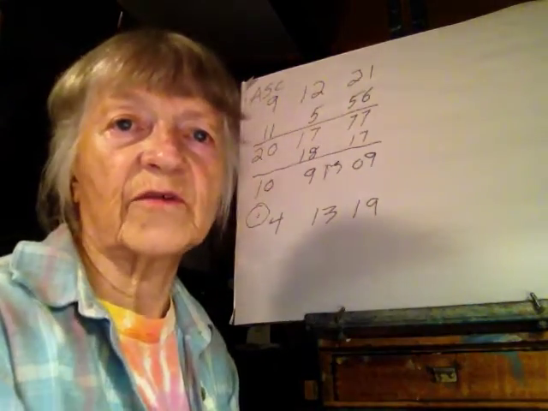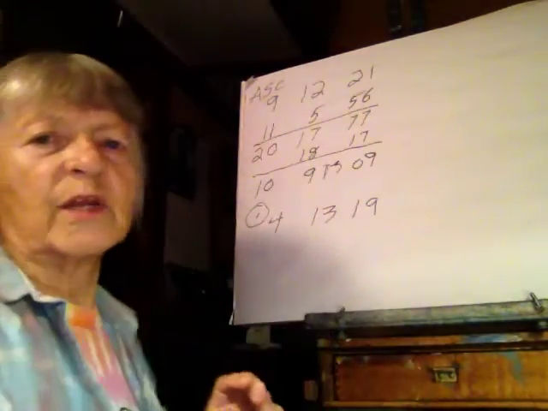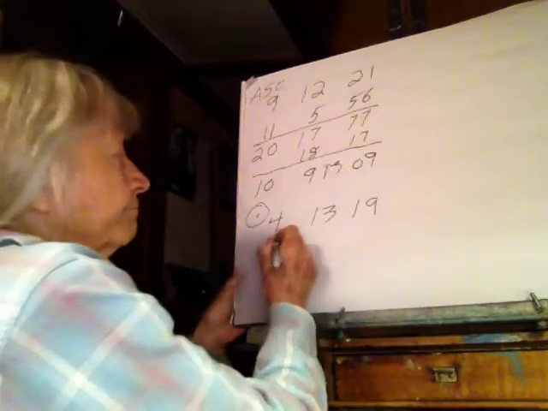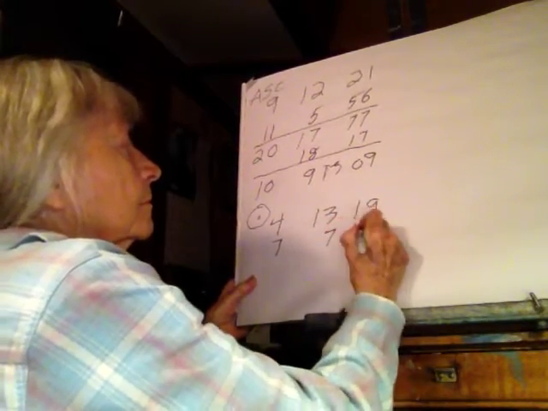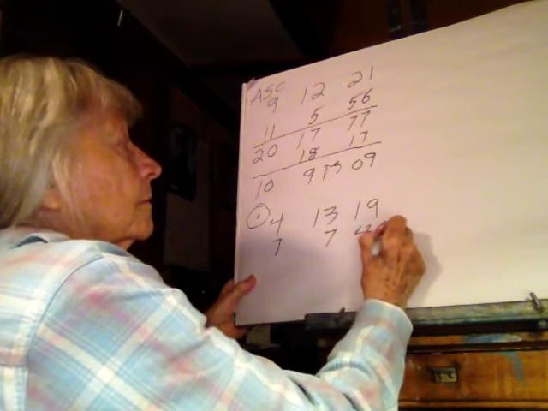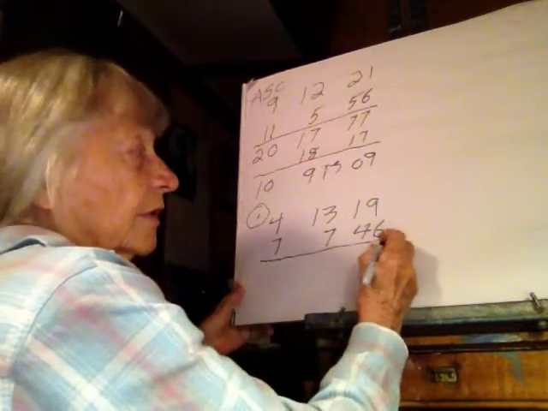China's sun is 7 Libra 46. And Libra is the 7th sign. Add them together.